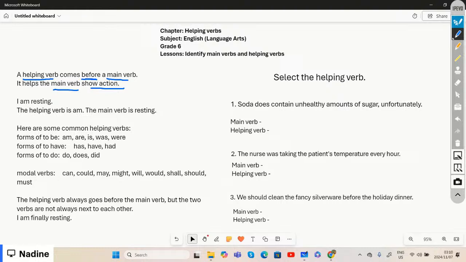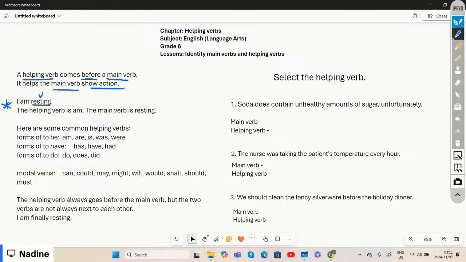And if we look at an example, here it says, I am resting. So resting is our main verb.